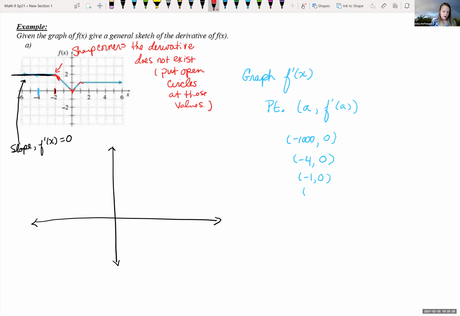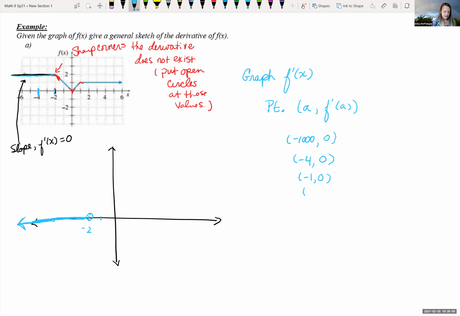Okay, so again, we're coming in from negative infinity to x equals -2. And we saw that we had a y value of 0. X equals -2, it was not differentiable, so I'm going to put a circle there, but my y values for the derivative function were always 0 from negative infinity until we get to -2.